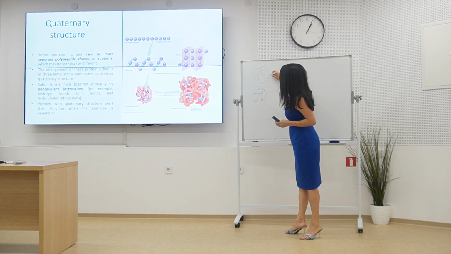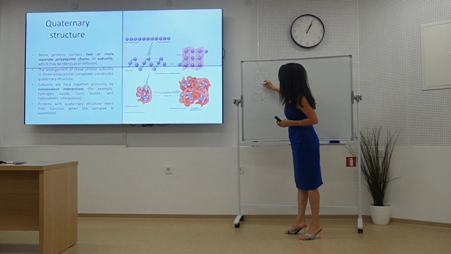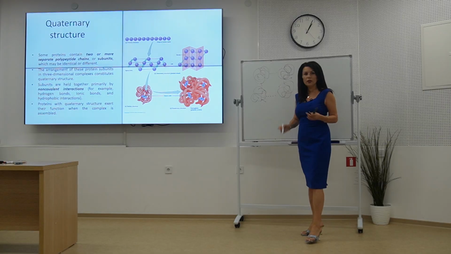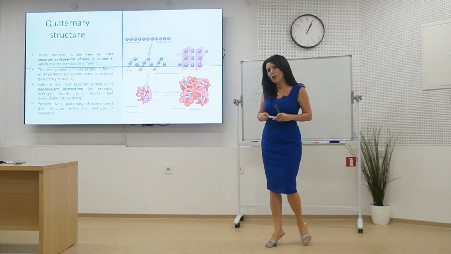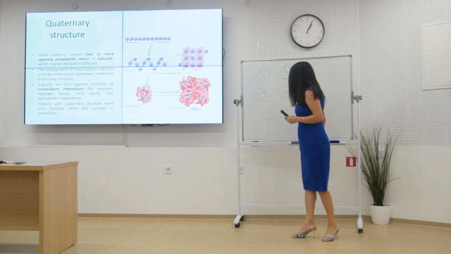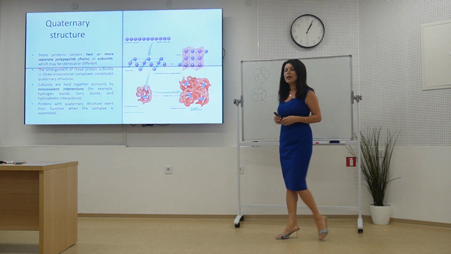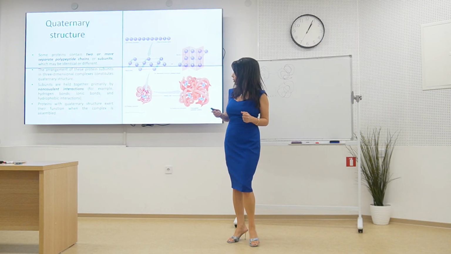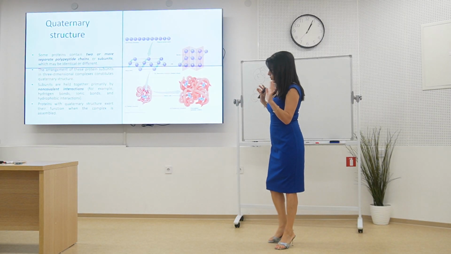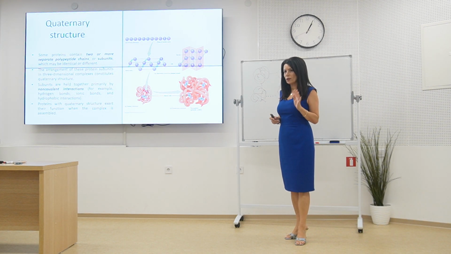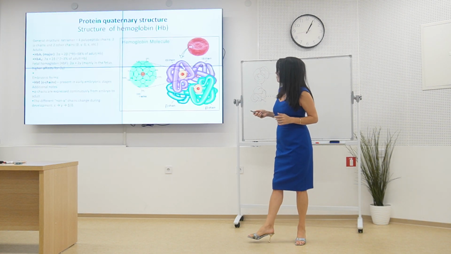And after the combination, thanks to non-covalent interactions, there is formation of one new protein with quaternary structure. If the bonds are covalent, it's not quaternary, it will be tertiary structure. The most important thing, remember, is that the bonds between subunits are non-covalent.